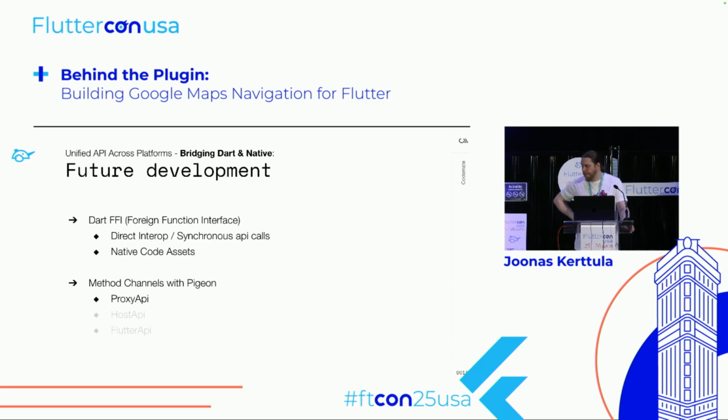Now that new improvements have been coming for FFI, there are possibilities to do native code assets soon. And it allows synchronous API calls in the future. It's not mandatory, but in some cases it might help to mitigate some race conditions in the code base.